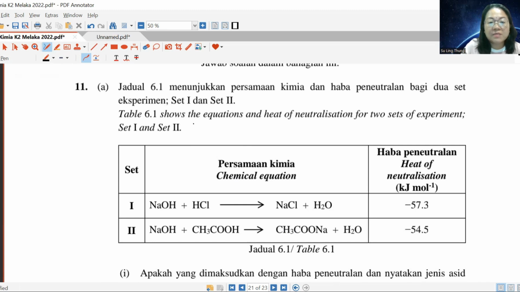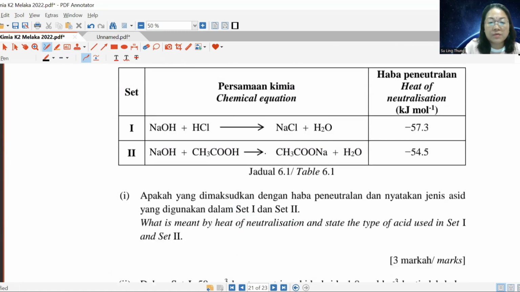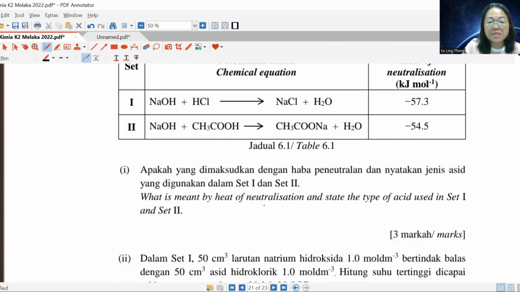11a: Table 6.1 shows the equations and heat of neutralization for two sets of experiment, set 1 and set 2. What is meant by heat of neutralization? And state the type of acid used in set 1 and set 2. So for the meaning of heat of neutralization, we know neutralization is the formation of water.